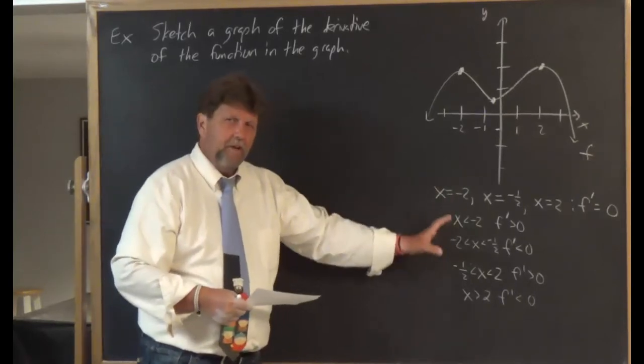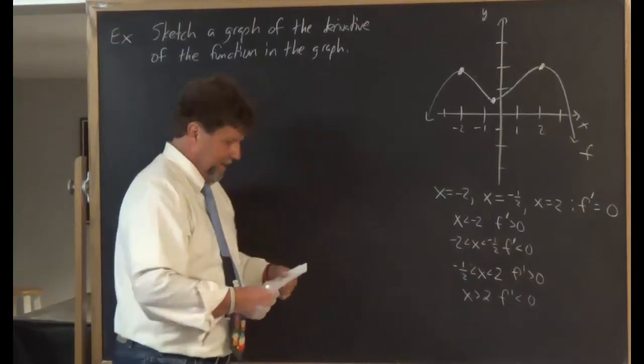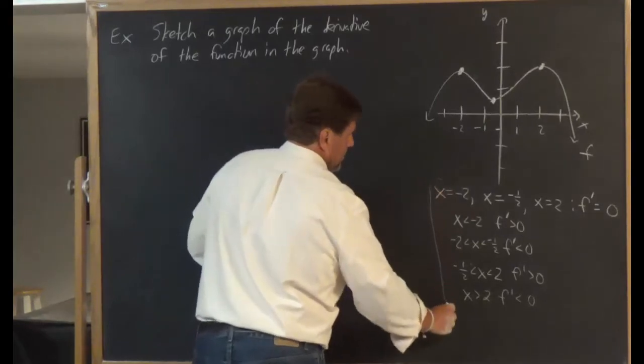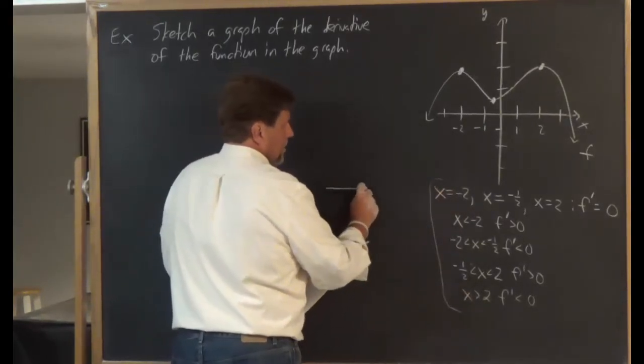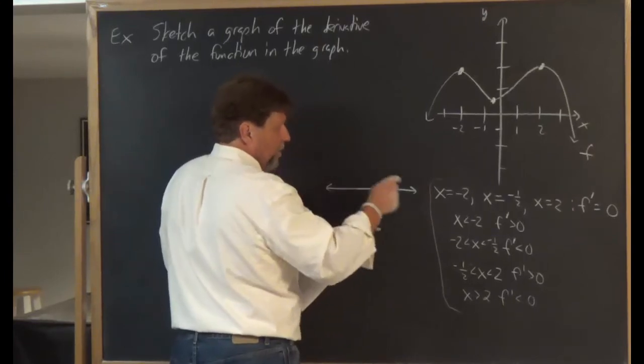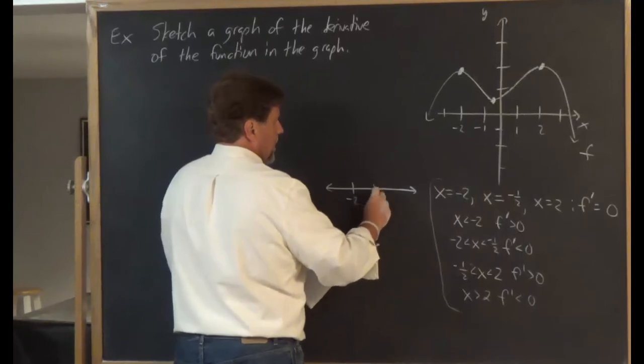Boy, you know, there's a better way for me to condense this down. Let me show you a better way to condense this down. Let's make a number line. I know where the derivative is equal to 0, so let me put those numbers on the number line.